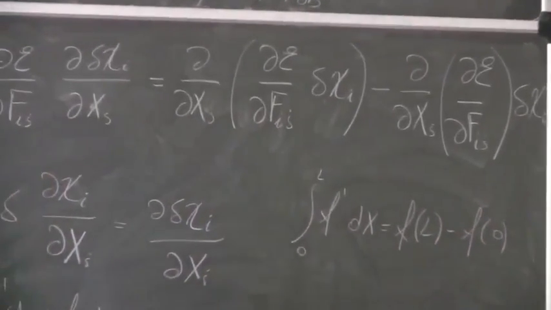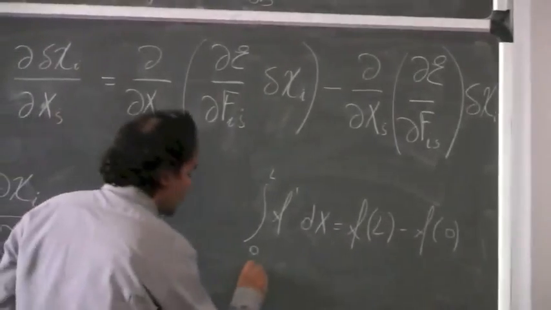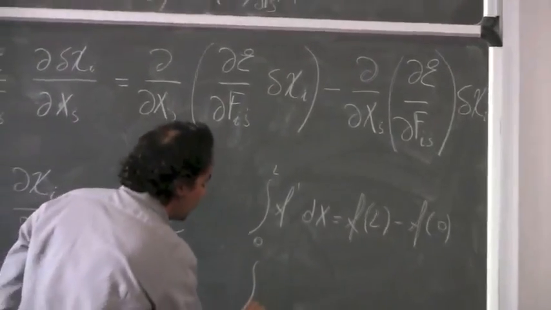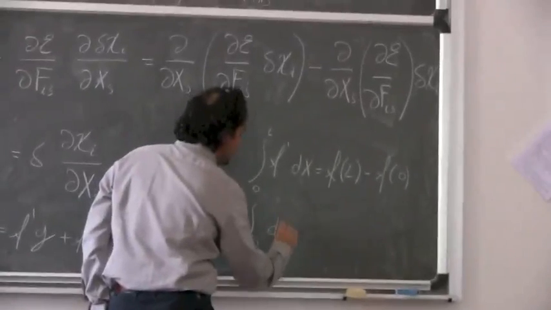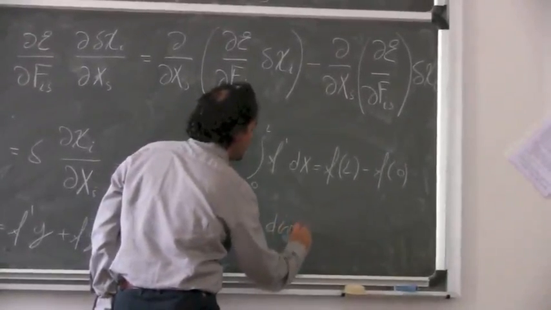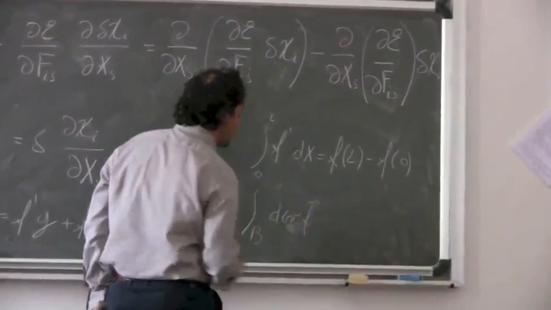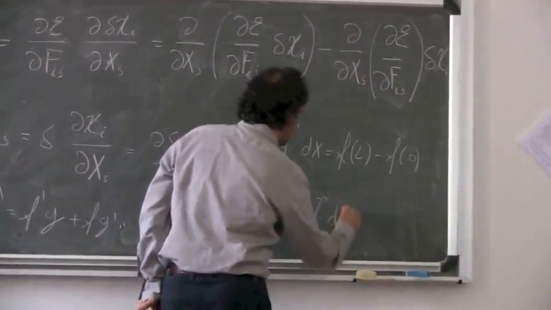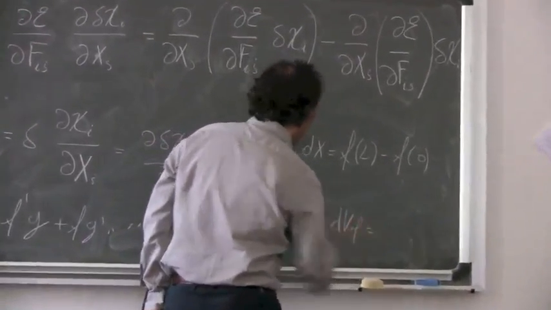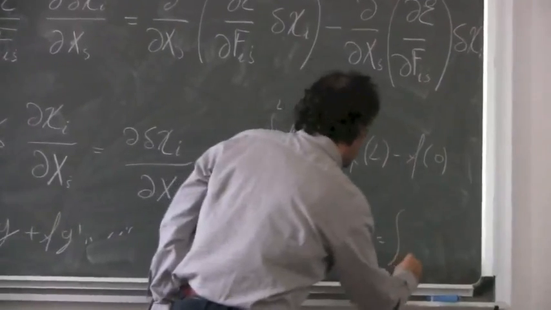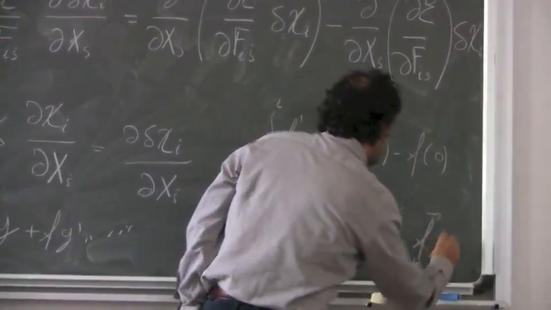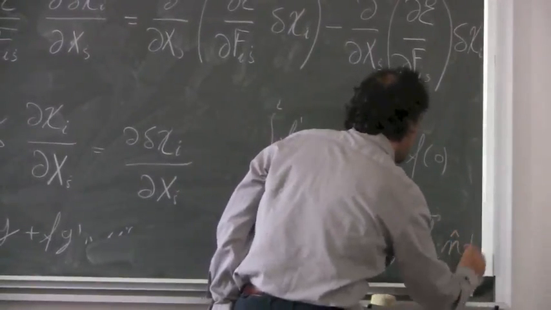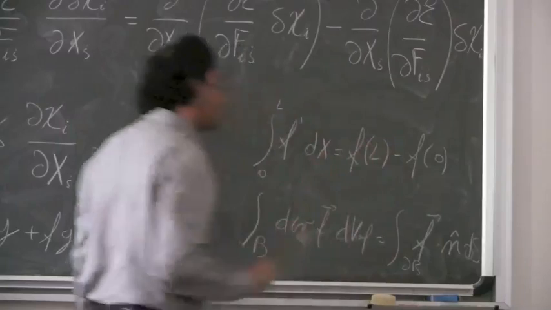in the previous case. Now we use the fact that the integral over a domain of the divergence of a certain vector f in the volume is equal to the integral over the surface of this volume of f scalar n in the surface.